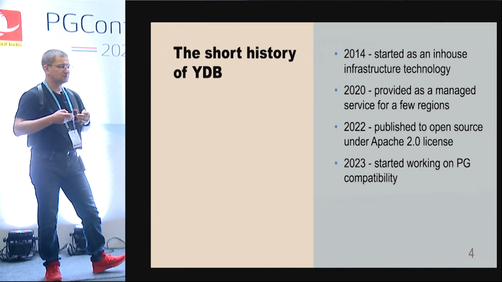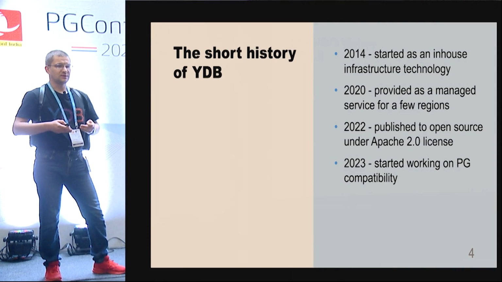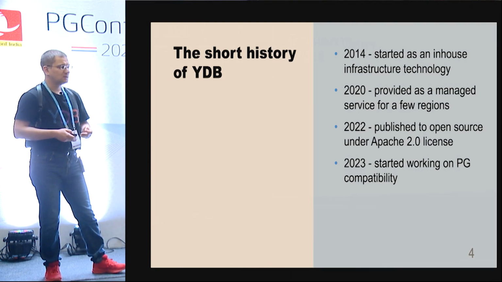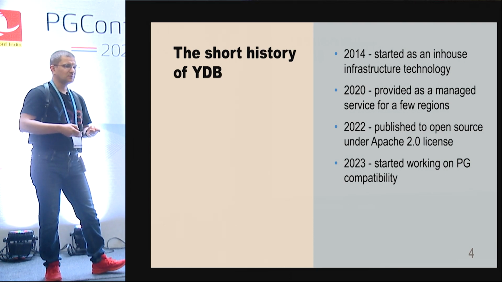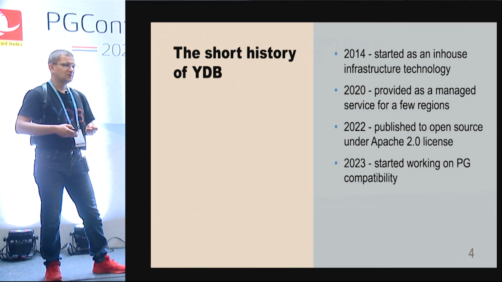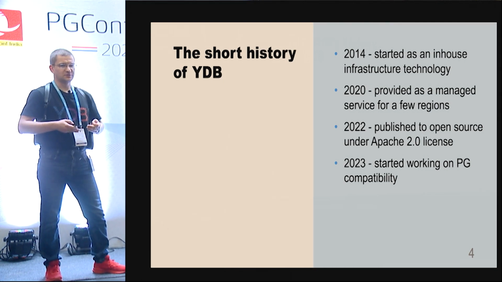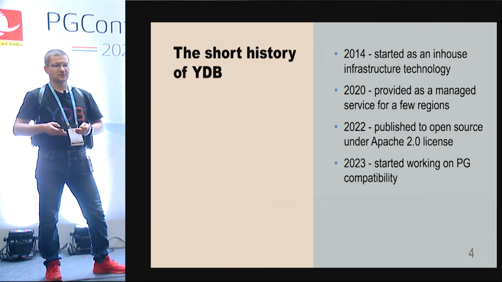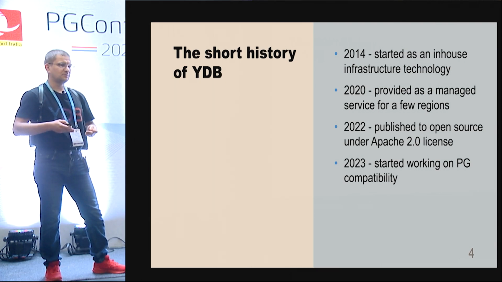In 2020, YDB became available as a managed service in Yandex Cloud. In 2022, YDB published its core sources under the Apache 2 license and went to the open source world. And in 2023, we started to work on Postgres compatibility.